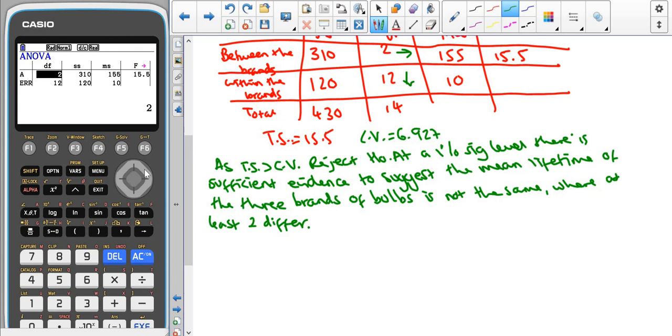So you can see how much quicker and easier it is to use this function in the graphical calculator.